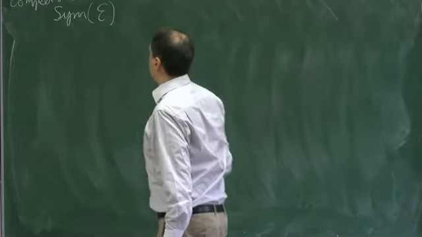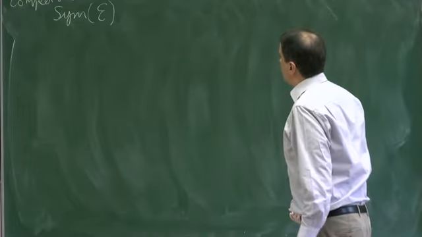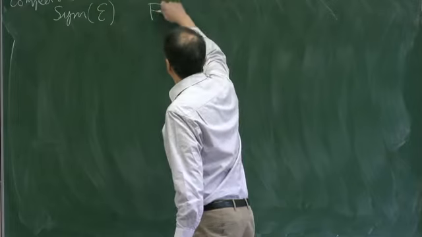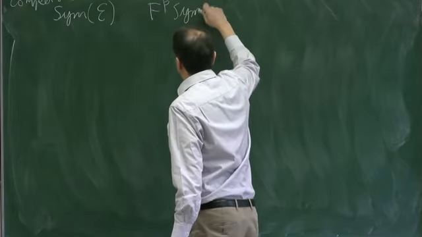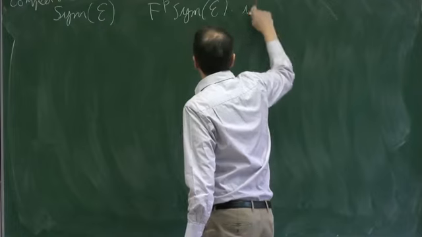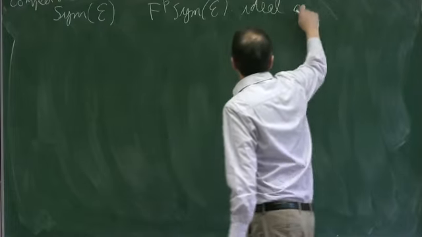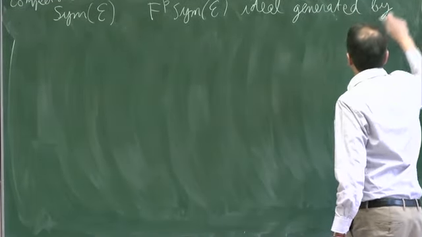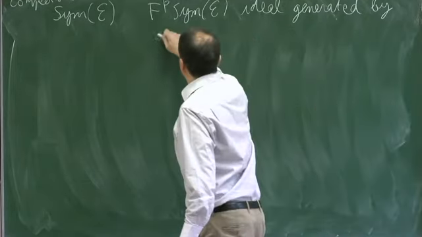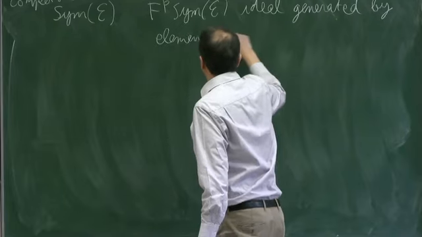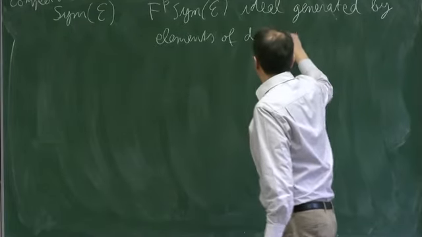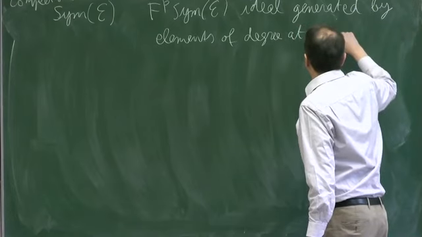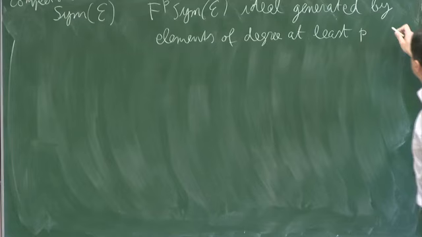So then this is a graded algebra, and it has a filtration. So we have F^p, which is the ideal generated by elements of degree at least p. p is at least one, say, maybe 0.